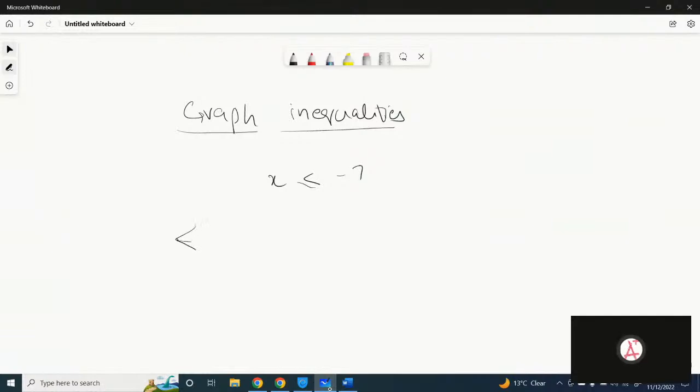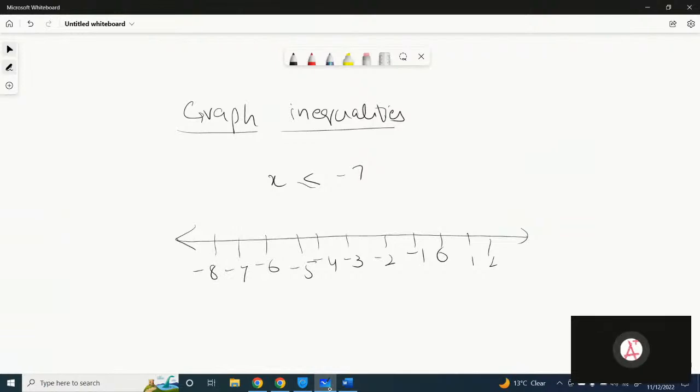So you have to plot the line on the number line. You have 0, 1, 2, negative 1, negative 2, negative 3, negative 4, negative 5, negative 6, negative 7, negative 8. Okay, x is less than negative 7. So less than means you have to start from here, and on this side all the numbers are smaller than negative 7.